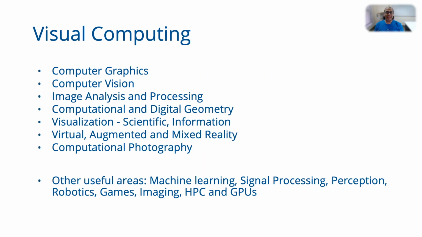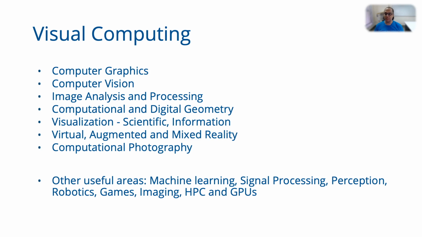So if you look at the entire area of visual computing, we of course have computer graphics, computer vision, image analysis and processing, but you also have areas like computational and digital geometry, which talk about how to create algorithms that can efficiently represent and process geometric data. You have visualization, and visualization again has these broad categories of scientific visualization and information or data visualization. You have virtual, augmented, and mixed reality, and all the spectrum of realities in between.